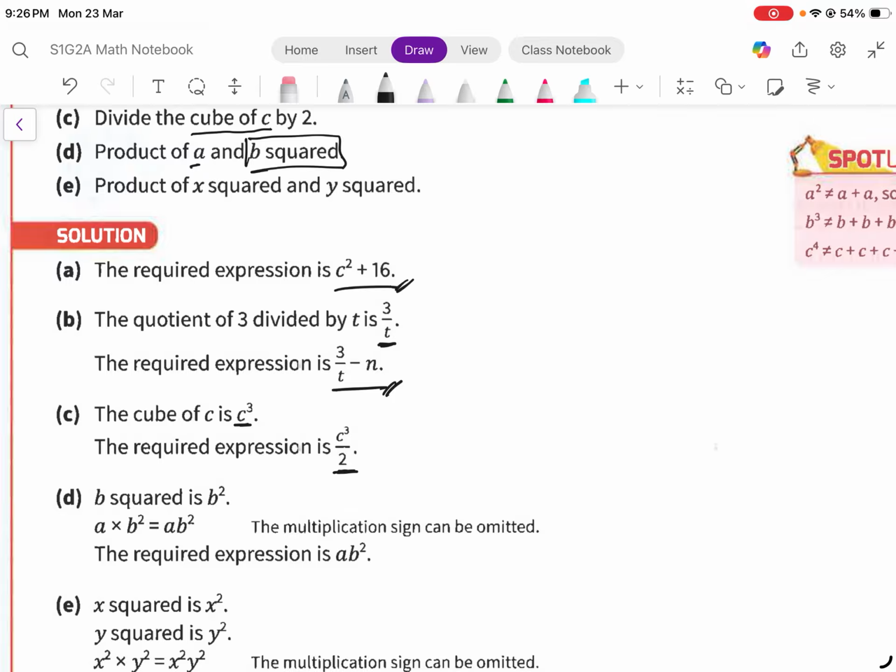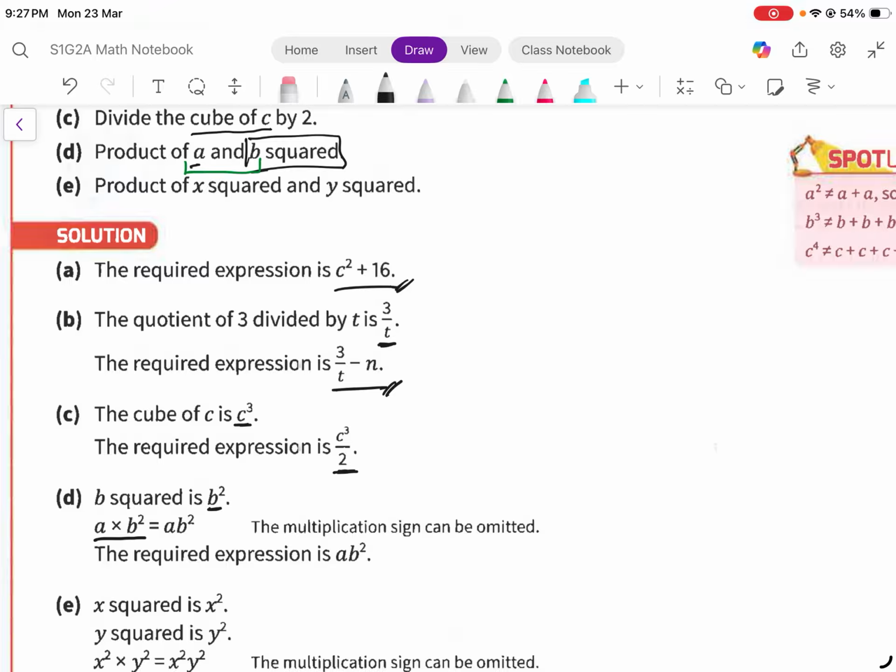Okay, so this one can actually be interpreted in both ways. The first one, what they actually write here is b squared, which means b power 2. Then you multiply by a. But how I interpret this is product of a and b squared. I will see it as a and b product first, then squared.